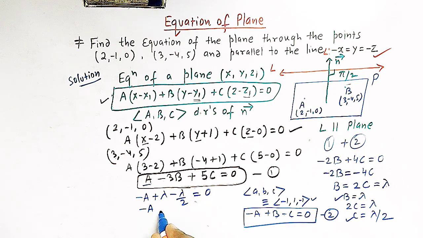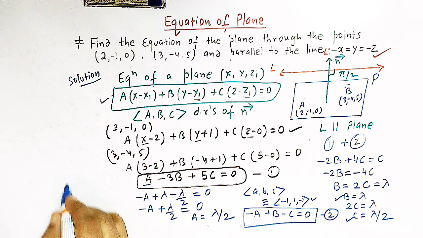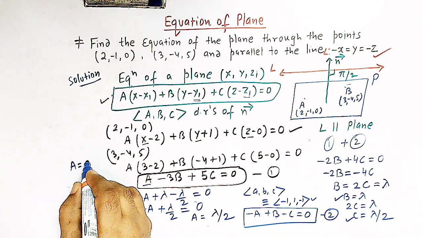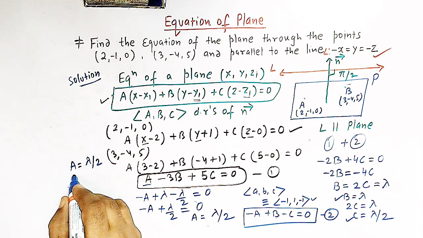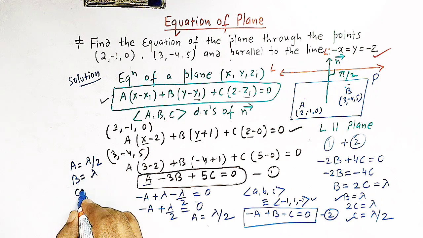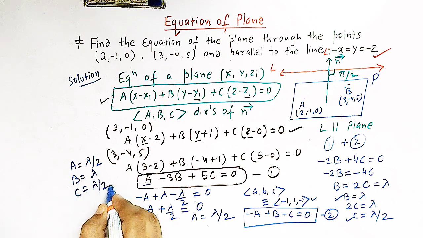So we have minus a plus lambda over 2 is equal to 0. So a is equal to lambda over 2, right? So now we have a is equal to lambda over 2, b is equal to lambda, and c is equal to lambda over 2.